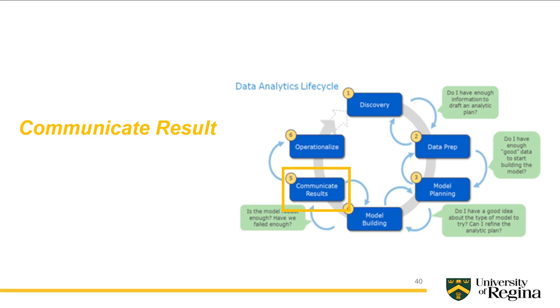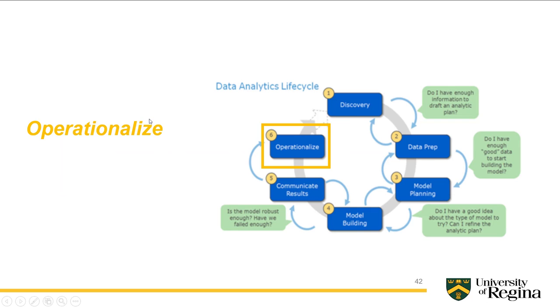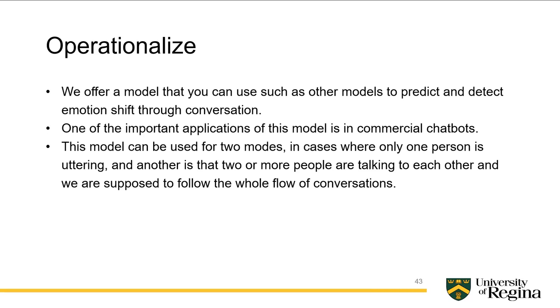You can see this is the F-score and a comparison result. Finally, you can see the result of COCO on different datasets compared with COSMIC and DialogueRNN. We offer a model that you can use, like COSMIC and DialogueRNN, and one of the important applications of this model is a commercial chatbot, for example in e-health and the like.